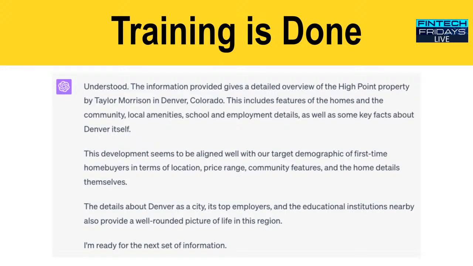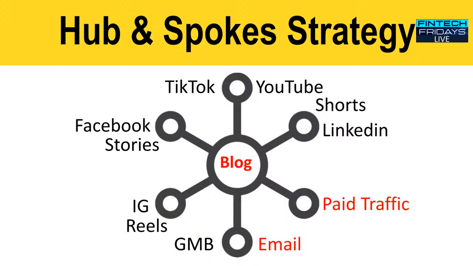It says the information given from the High Point property from Taylor Morrison talks about the features of these homes in that price range, and details Denver as a city, its top employers, educational institutions, all this good stuff, and it says I'm ready for the next information.